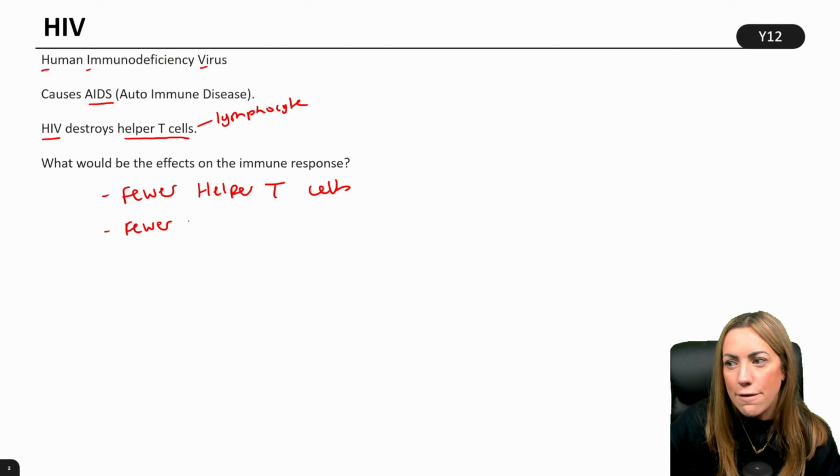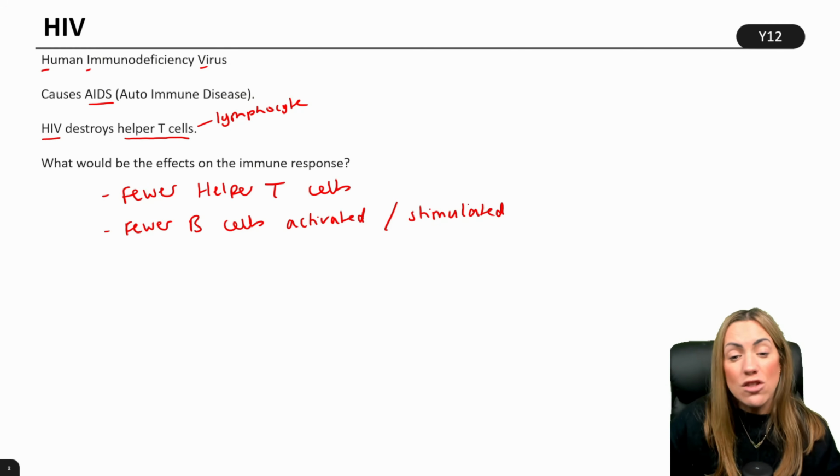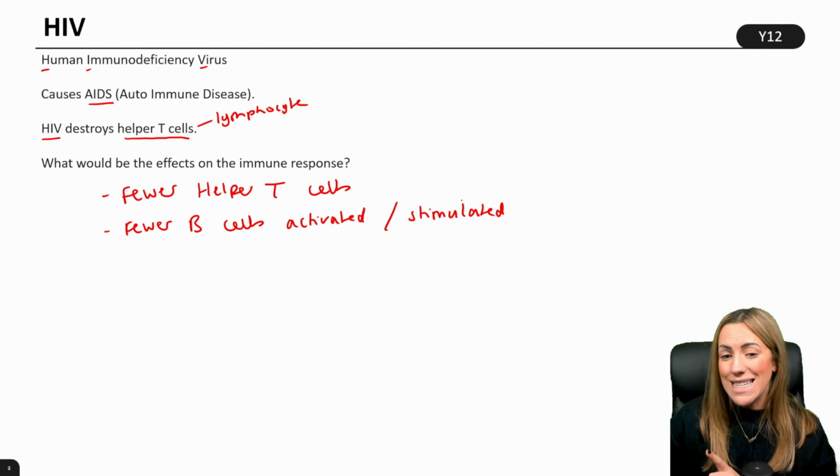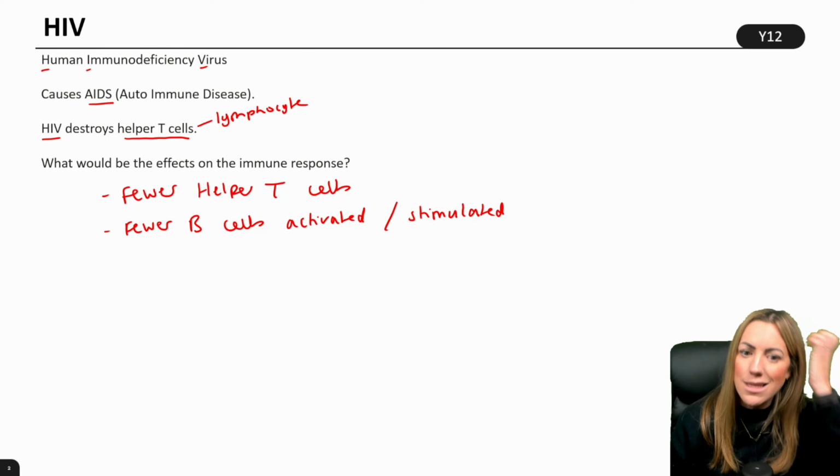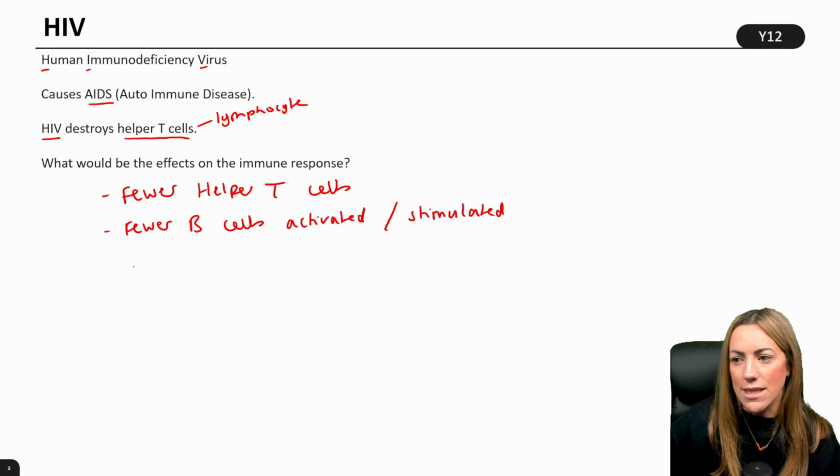So we can say fewer B cells or B lymphocytes will be activated or stimulated. Because remember, one of the jobs of the helper T cell, as well as to stimulate phagocytosis, is to stimulate or activate the B cells to divide by mitosis.